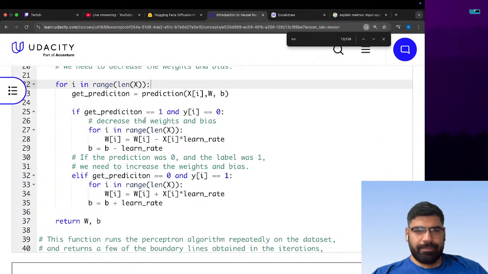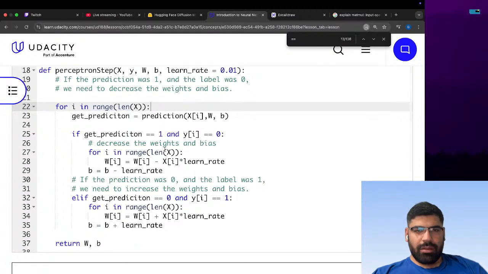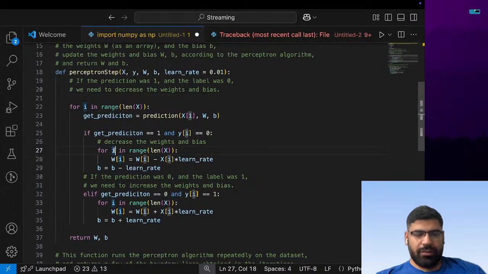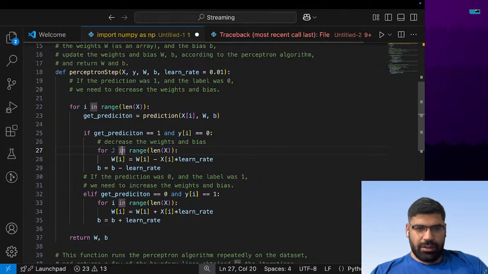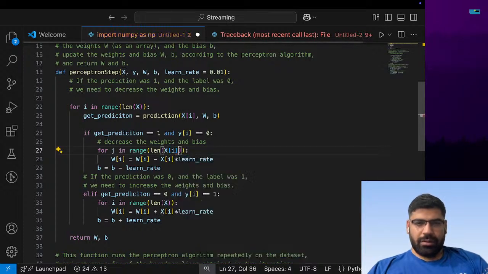Okay. Oh, there will be multiplies here now. Okay. For j in range, xi, this.